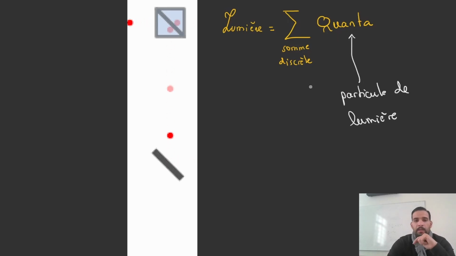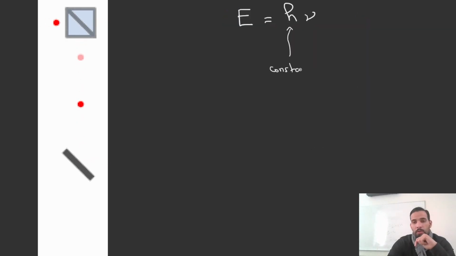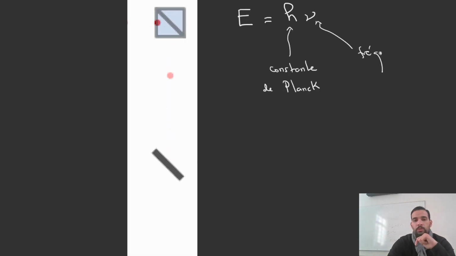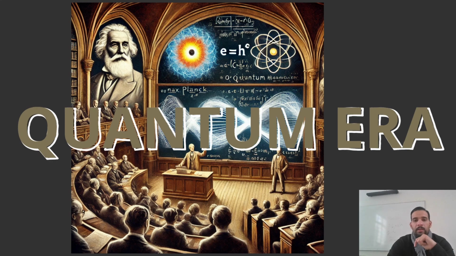He established that the energy of a quantum is proportional to the frequency of the wave, according to the relation E equals h nu, where h is Planck's constant, and nu is the frequency. This result marked the birth of quantum mechanics.